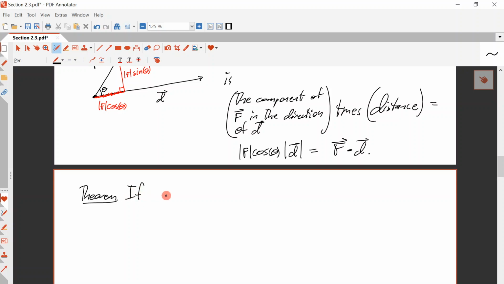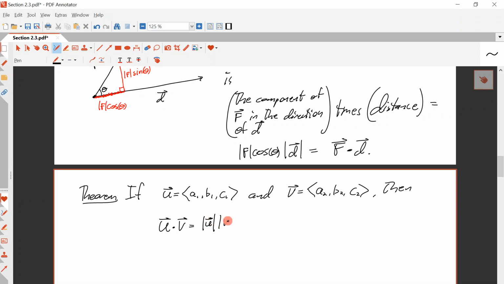So if U is equal to (A1, B1, C1) and V is equal to (A2, B2, C2), so if we have vectors in component form, then U dot V, by definition, is |U||V| cosine theta.